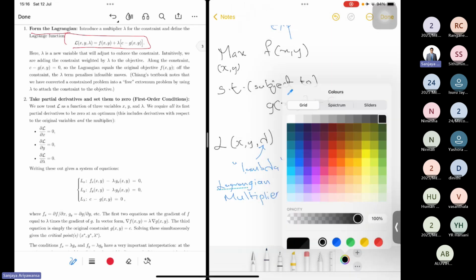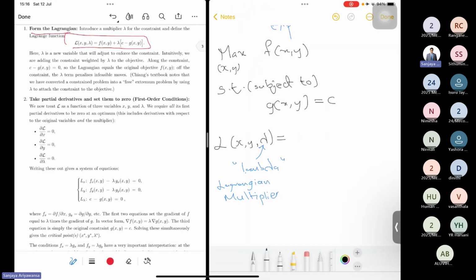So the Lagrangian is L of x, y, lambda equals the objective function f of x, y, plus the Lagrange multiplier lambda times c minus g of x, y. This part over here comes from your constraint, c minus g of x, y.